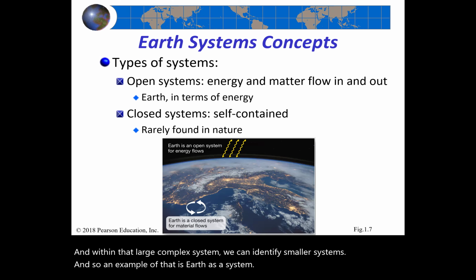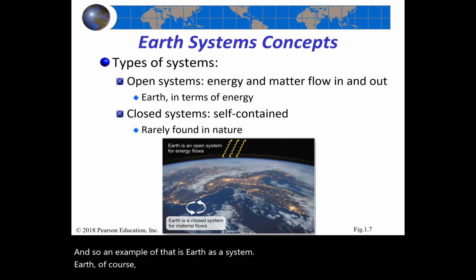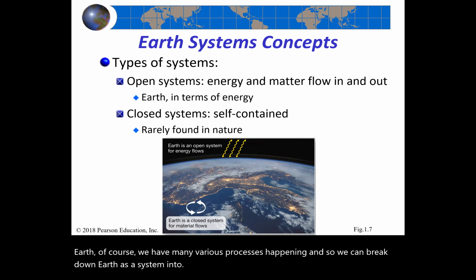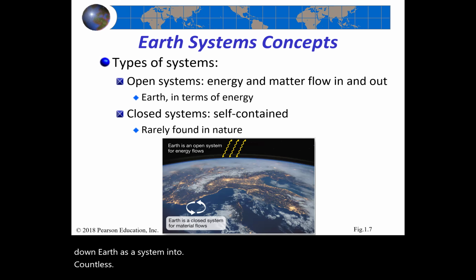On Earth, of course, we have many various processes happening. And so we can break down Earth as a system into countless subsystems, which we'll address a little bit later.